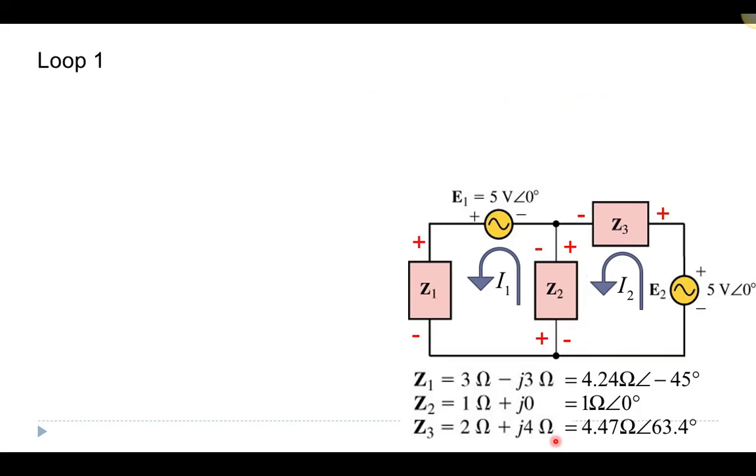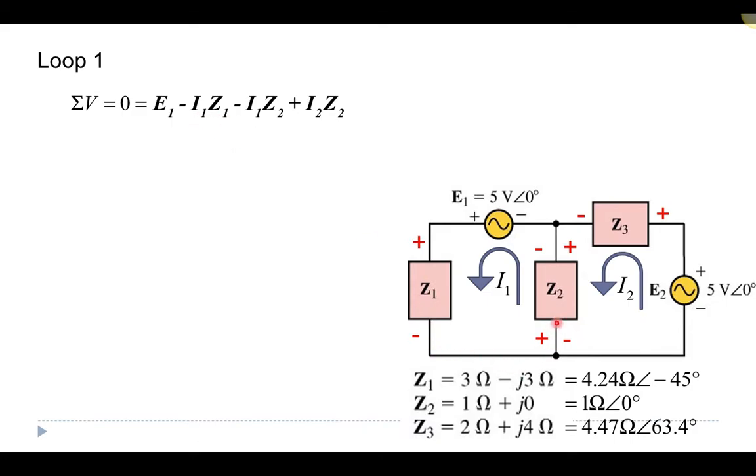So I have my picture that I had before, and I'm going to go around loop 1 and sum the voltages around loop 1 and set them equal to 0. I'm going to start at this location right here, and as I go across the first voltage supply, I have a rise, so that's my E1. I have a drop across impedance 1, and that's the current times the impedance.